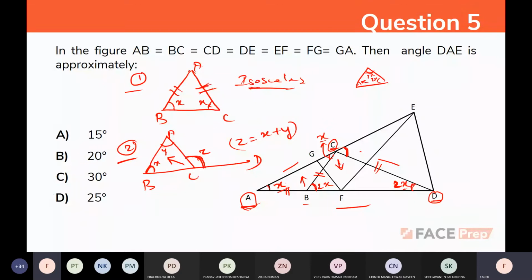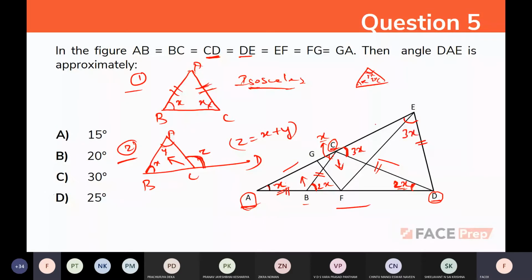So x plus 2x will be 3x. Is this clear? Okay. They said CD and DE are equal, so this angle will be 3x.